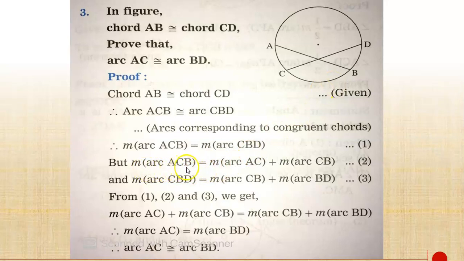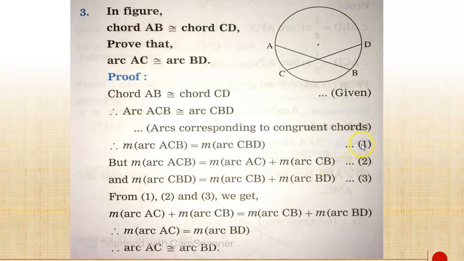Measure arc ACB is equal to measure arc AC plus measure arc CB. And arc CBD is addition of another two smaller arcs, arc CB plus arc BD. That is my statement number 3. Measure arc CBD is equal to measure arc CB plus measure arc BD.